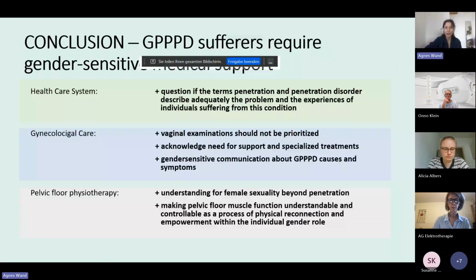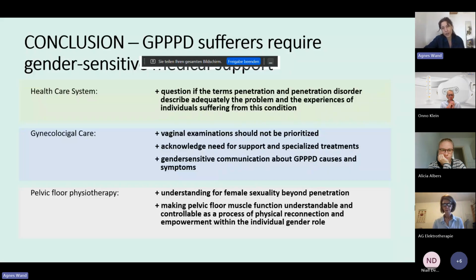So to come to a conclusion, my interview results really show that GPPPD sufferers require gender-sensitive medical support. And what could that mean? In the healthcare system, we should question the term penetration and also penetration disorder, because penetration means that something is actively entering a passive structure.